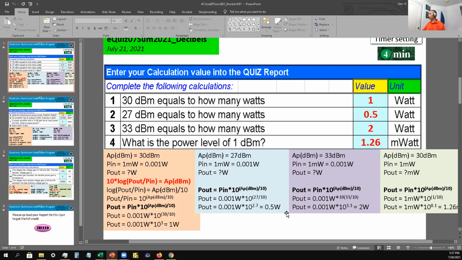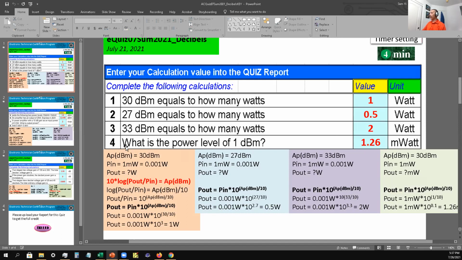The same thing with number 3: 33 divided by 10 is 3.3, so 10 raised to 3.3 times 0.001 watt gives us 2 watt. So the answer for number 3 is 2 watt.